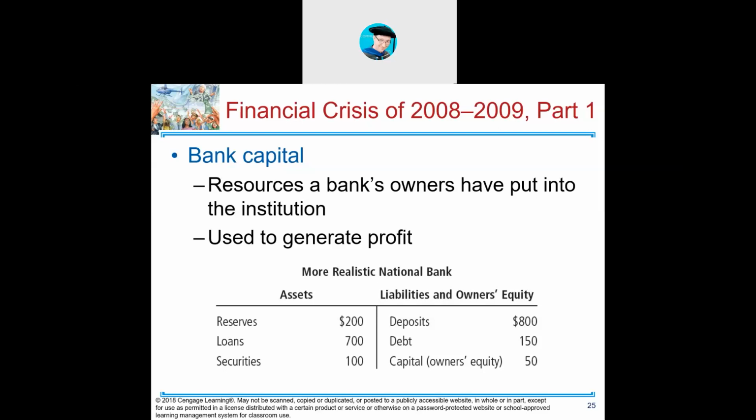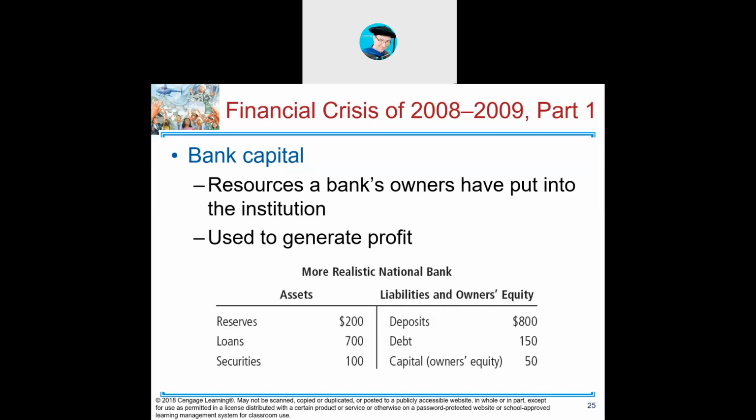Banks are required to have owners of the bank in the institution, and they use bank capital to generate profit. Think of bank capital like owner's equity on a balance sheet. For those of you who have taken accounting with me, you recall that assets equals liabilities plus equity is the accounting equation.